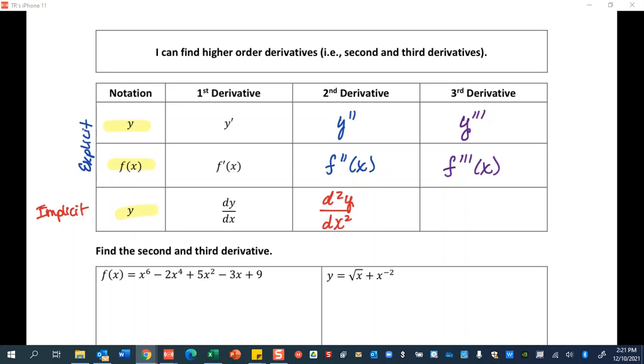So it's kind of crazy that 2 pops in different places, because I'm talking about that second level change in y compared to that second level change in x. So if you're a thinker, you can figure out where this one goes. So d cubed y over dx cubed. You okay with that? Yeah? Okay.